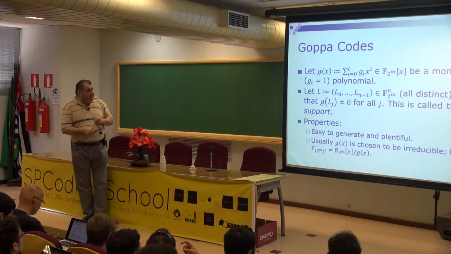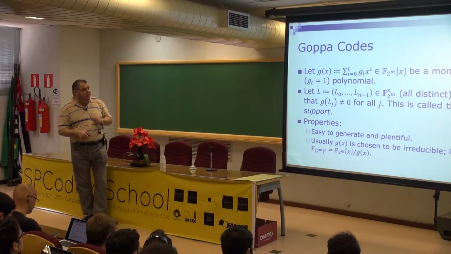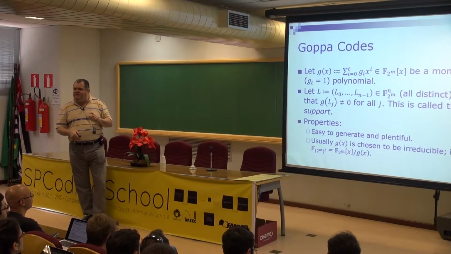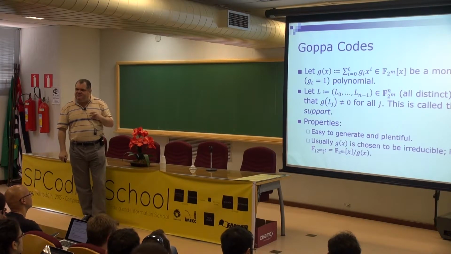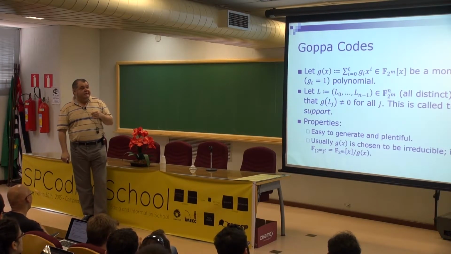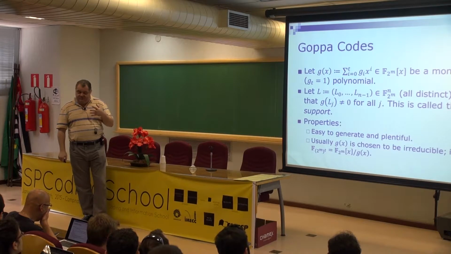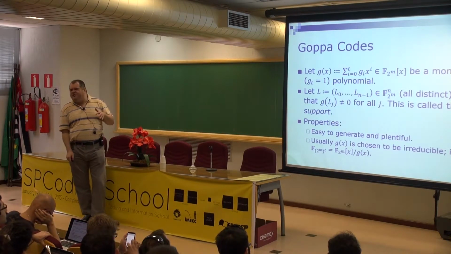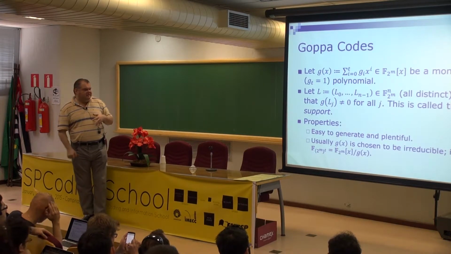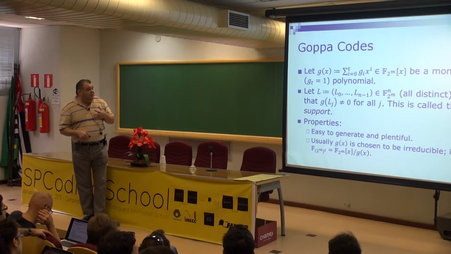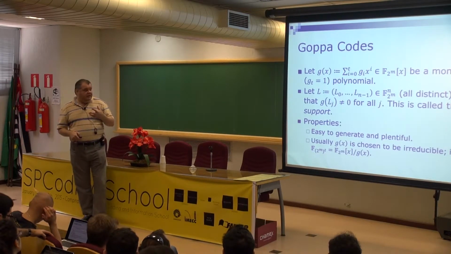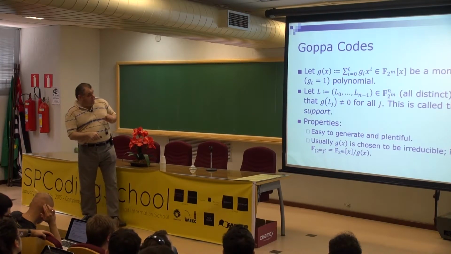Okay, so given one monic polynomial G, it's not necessary that it is irreducible. It's a popular choice that G is irreducible, but it's not necessary, and sometimes it may be advantageous to pick a composite polynomial here. But let's assume for the time being that G is irreducible. So what do we observe regarding Goppa codes? Oh, sorry.